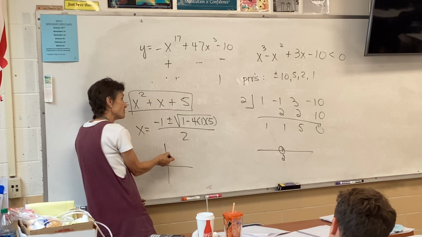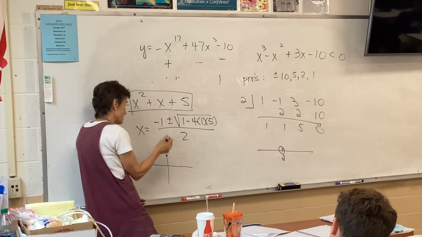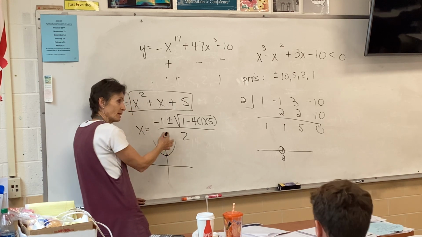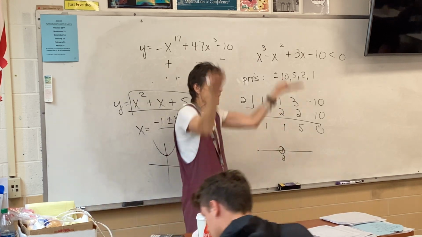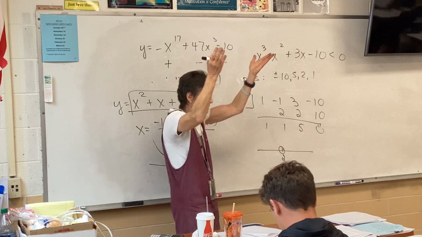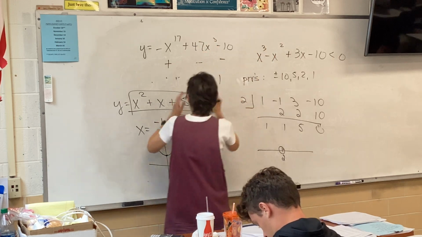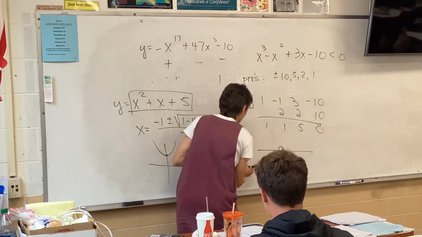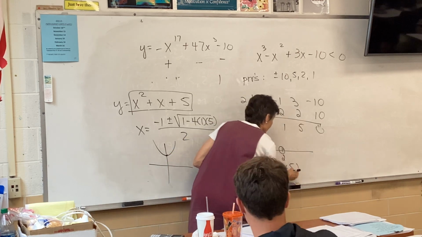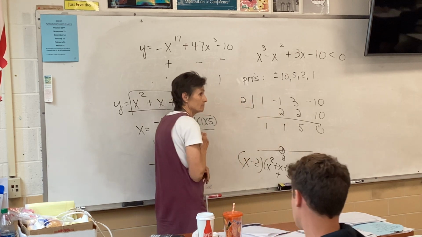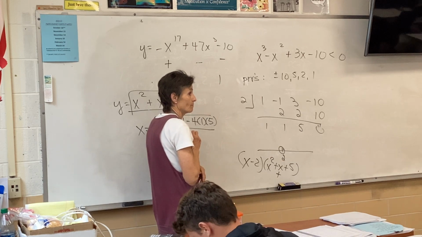If his y-intercept is 5, and he doesn't cross the x-axis, then doesn't he have to look something like that? Which means he is always positive. So this part of the problem is always positive.